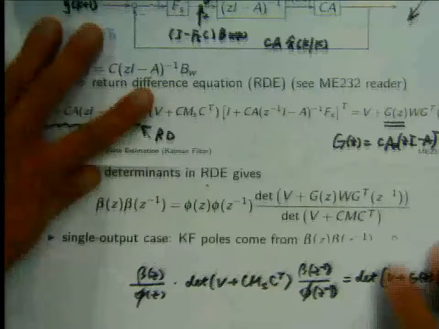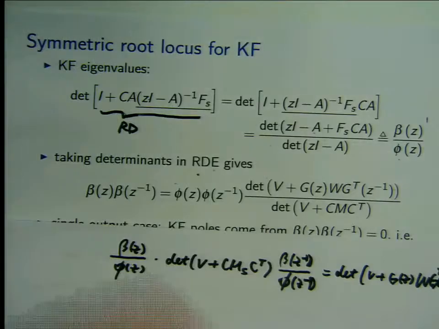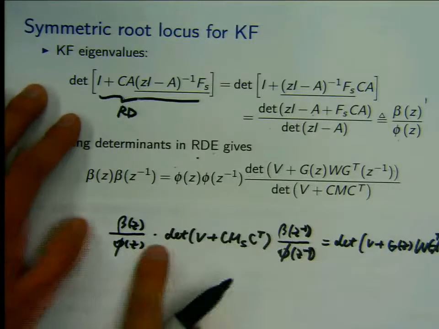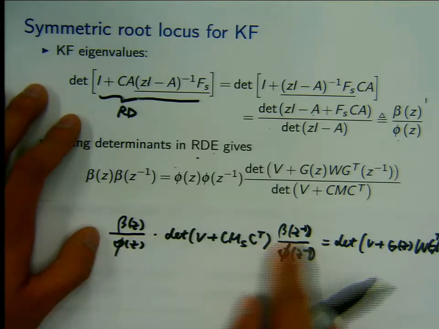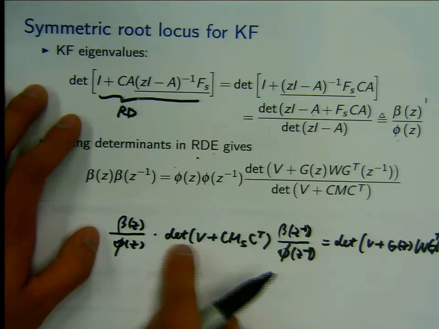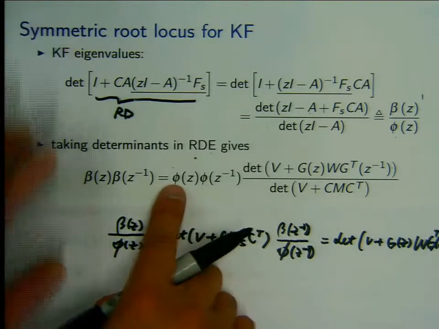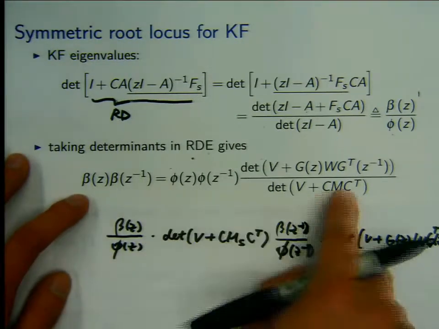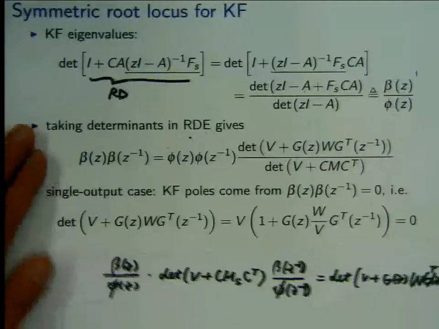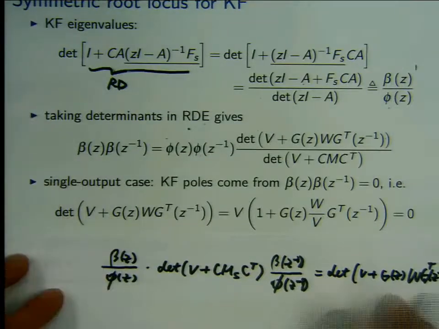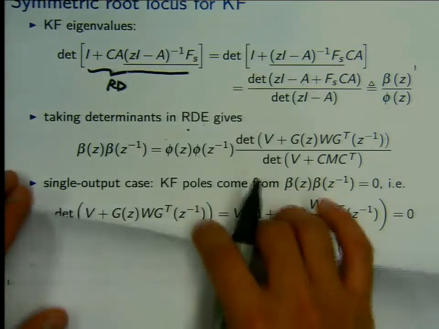Okay? So I can shift terms. I can put these terms, the denominator, to the right-hand side, and I can divide both sides by this determinant to achieve this result here. Okay? So let's do the special case here, which is related to symmetric root locus.